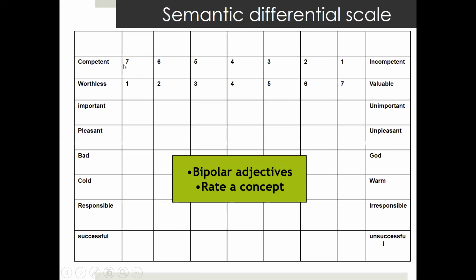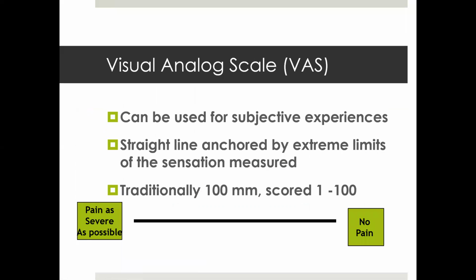Notice how here, competent is a 7 and valuable is a 7. Important would be the 7, pleasant is a 7, good would be a 7. I don't know where they would put warm and cold, but I tend to think of warm as the 7. So once again, the way you code these is important to the results that you get.